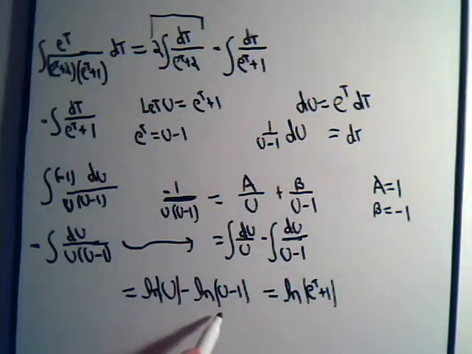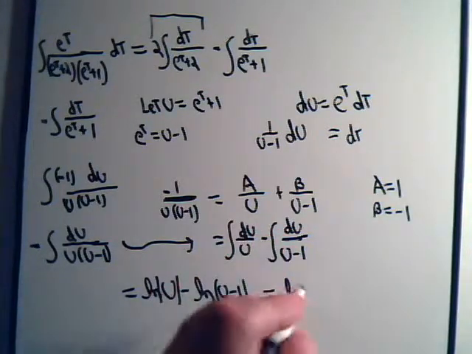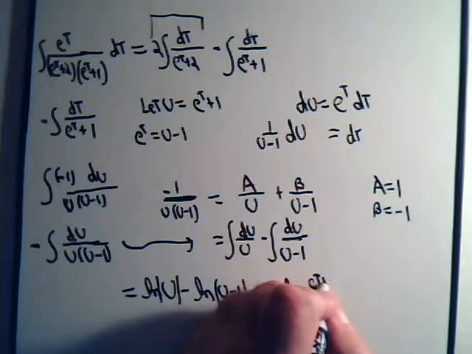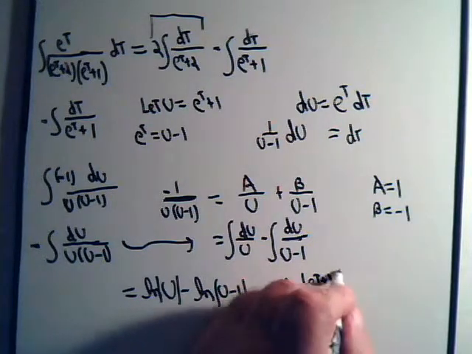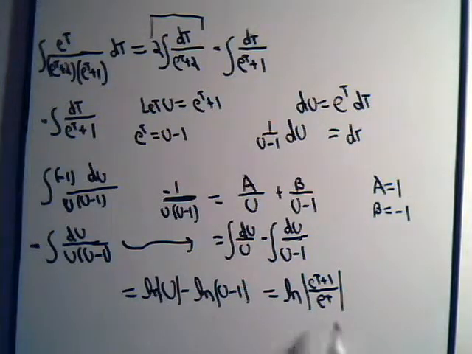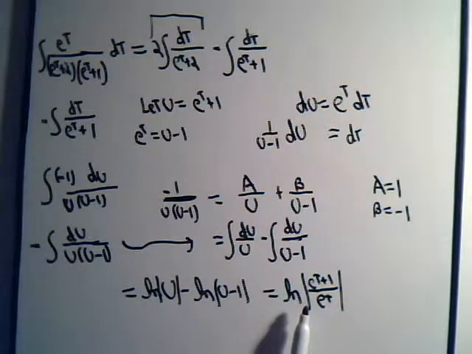And we have minus this log, so this could be written as natural log e to the t plus 1 divided by e to the t. Subtracting logs is the same thing as dividing. So this integral here with a minus sign before it now becomes this expression here.